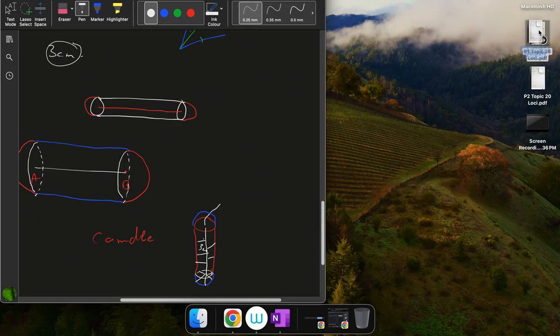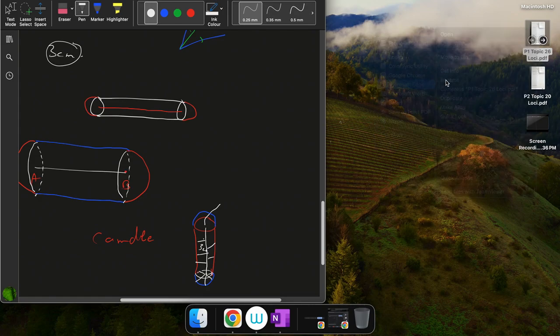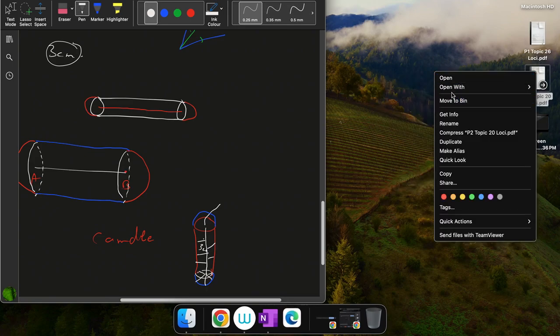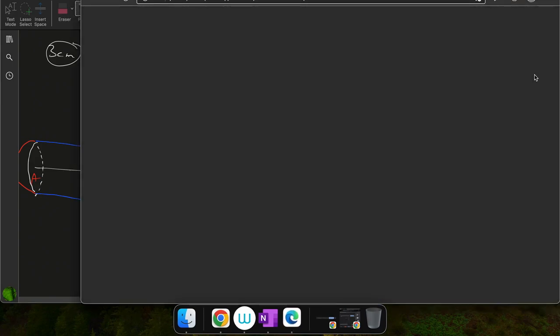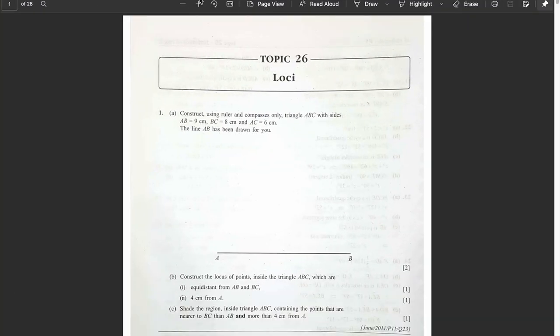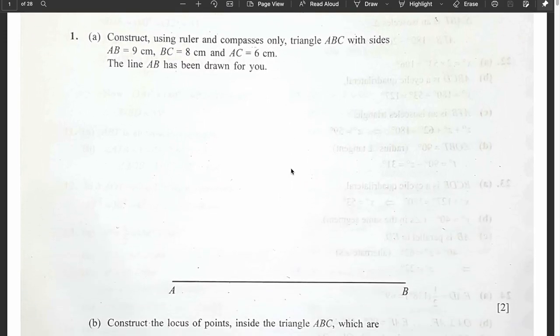Let's have a look at a few questions. This is a scan of P1 topical. Construct using ruler and compass only triangle ABC and the slides.